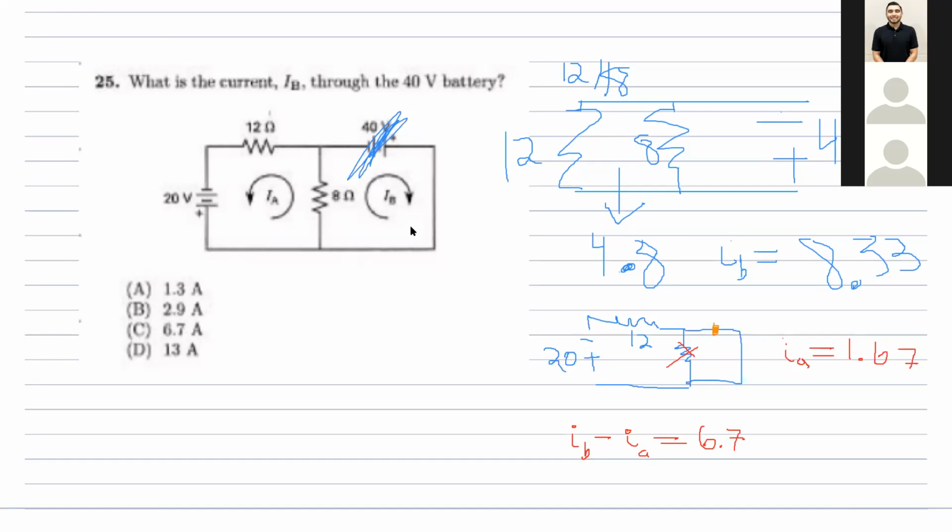But now that you replace it with a wire, it's gone. What happens if you just run a wire straight through 40? Oh, it bypasses the 8 ohms completely. Yes, exactly.